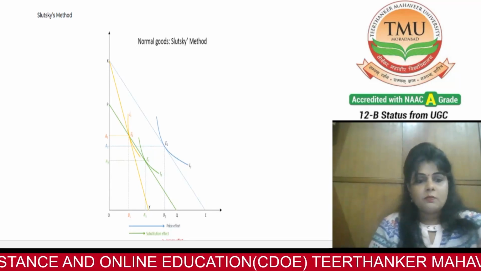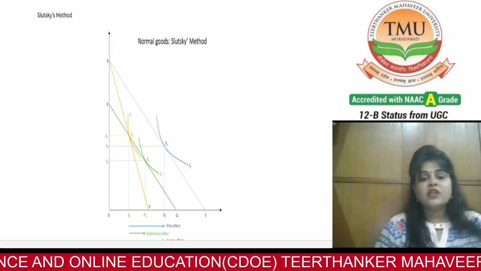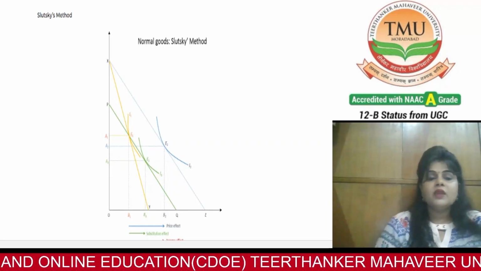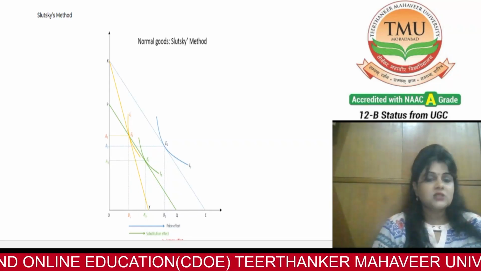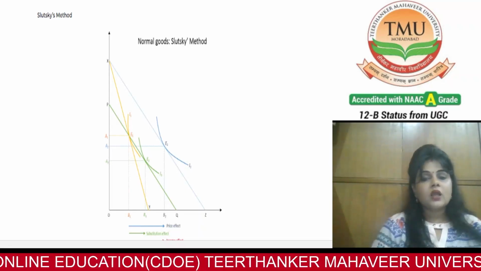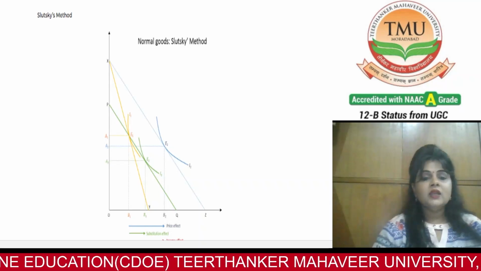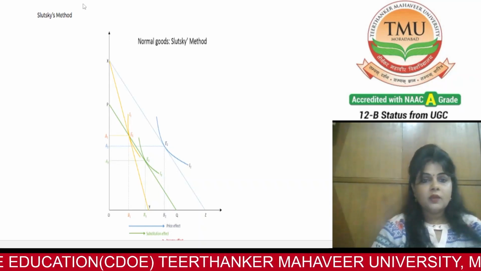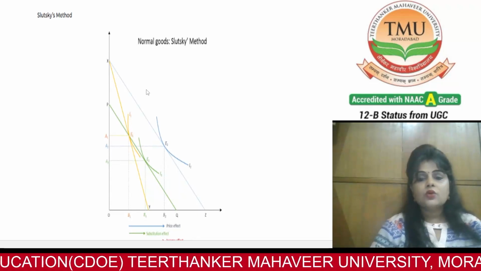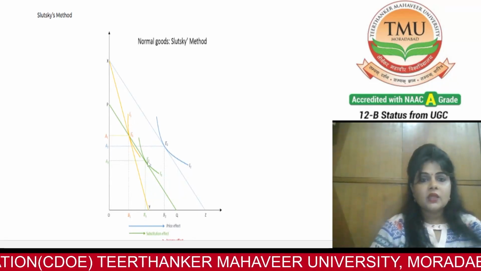In this method, the income effect is eliminated by shifting the budget line XY to the left in such a way that the consumer returns to the same quantity demanded of the commodity as before the price change. The budget line is shifted to PQ, and it passes through the original equilibrium E1.